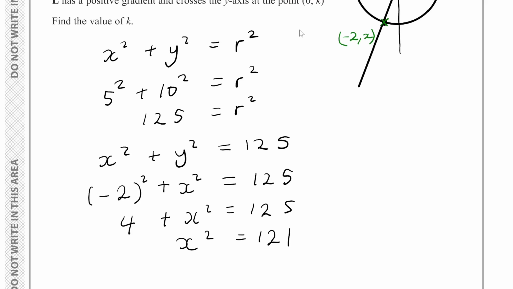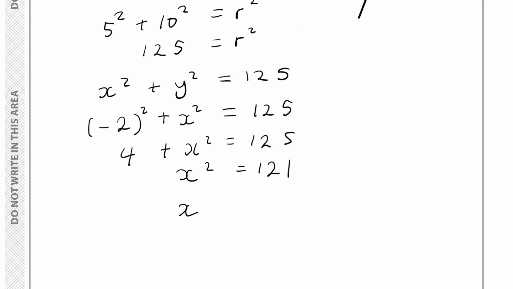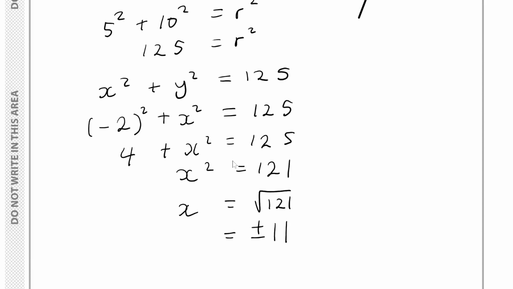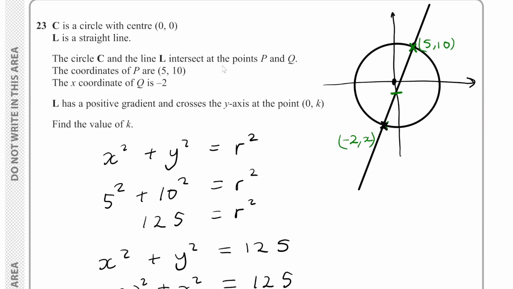And y is plus or minus 11. The square root of 121 is plus or minus 11. But we know it needs to be down here. So it must be -11. So that coordinate is -2, -11.